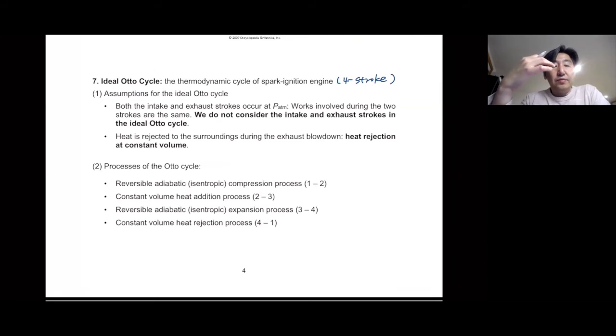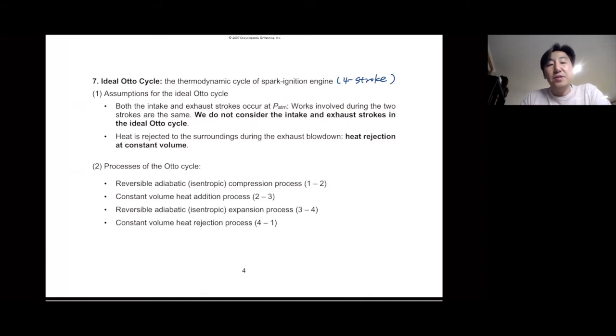As assumptions for the ideal Otto cycle, as I just explained, both the intake and exhaust strokes occur at PATM. They have the same pressures. Therefore, the work involved during these two strokes is the same, so we don't really have to worry about them. The conclusion is that we do not consider the intake and exhaust strokes in the ideal Otto cycle, right? So that is one very big assumption.